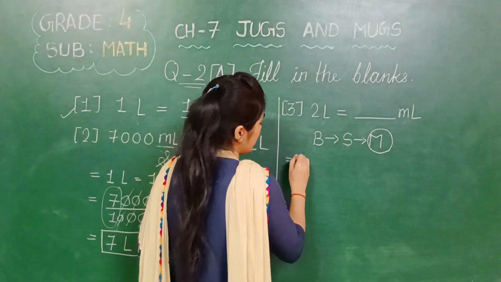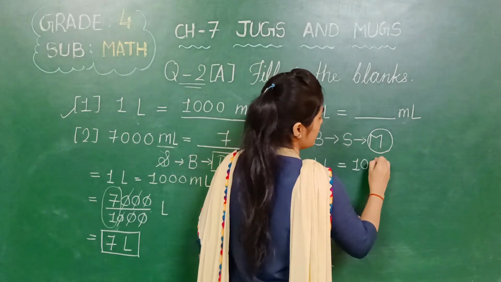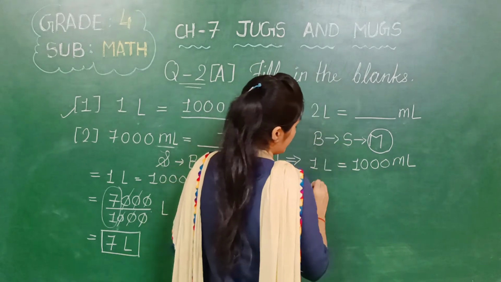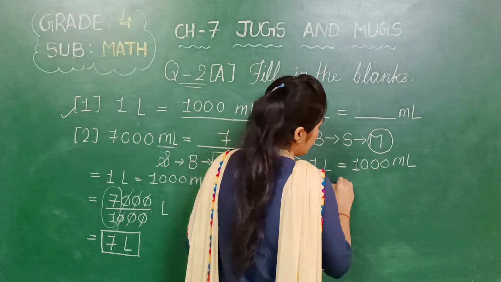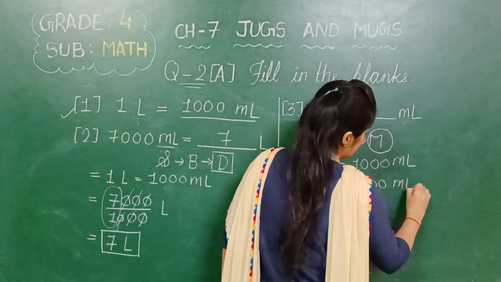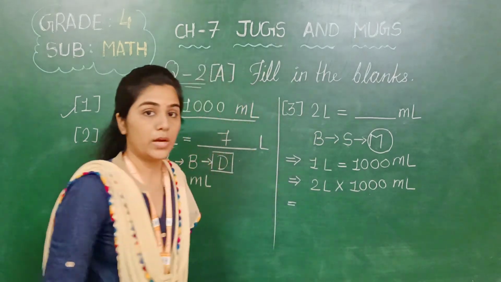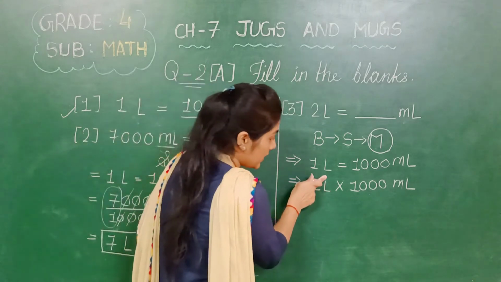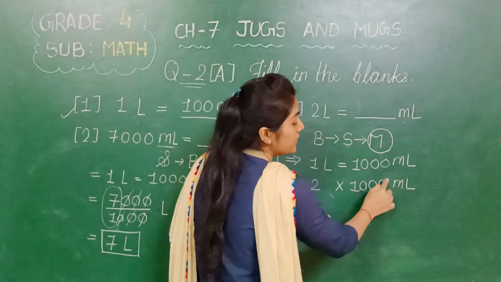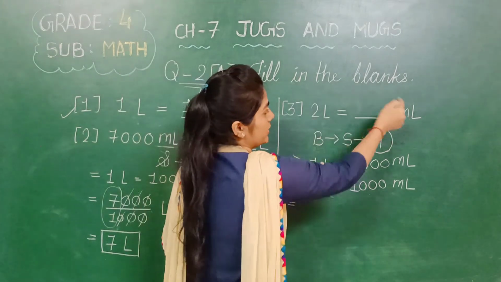For multiplication, the formula we write is 1 liter is equal to 1000 milliliter. Therefore 2 liter multiply 1000 milliliter. Now see, this 2 we are multiplying with the 1000. So you will erase this liter unit and just keep the milliliter unit at the back, because we are converting this liter into milliliter.